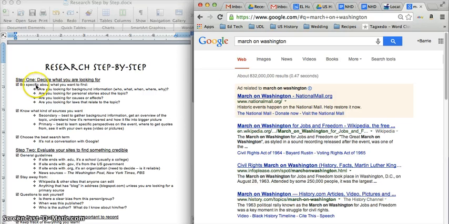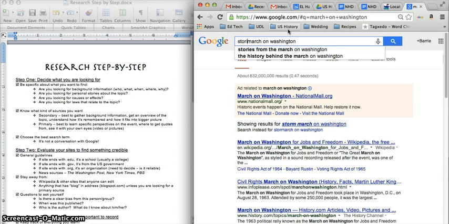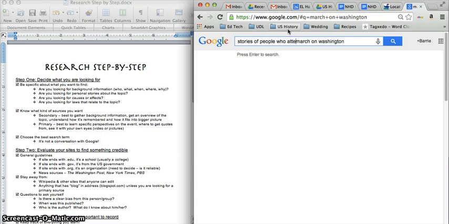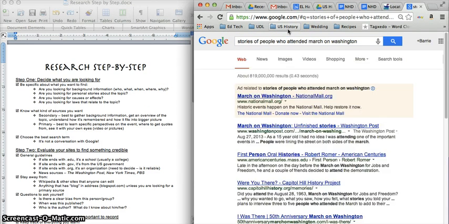So first, I want to be specific about what I want to find. This is the time for you to decide if you're looking for background information, if you're looking for personal stories, if you want to know about causes and effects, laws related to the topic, or what you want to know. So let's say I want to find stories of people who attended the March on Washington.